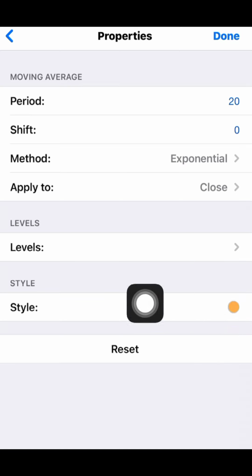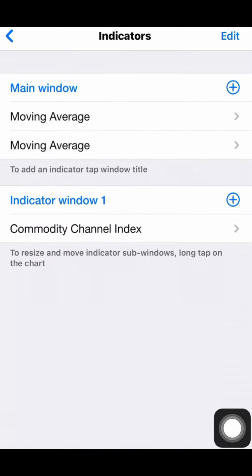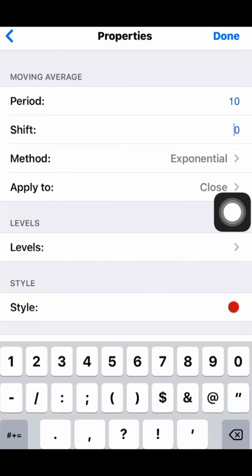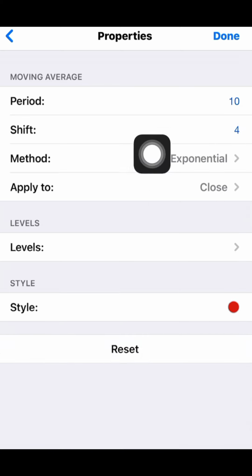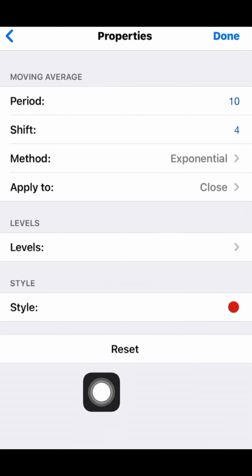Then the second moving average is period 10, shift 4, method exponential, apply to close, no levels, style red.